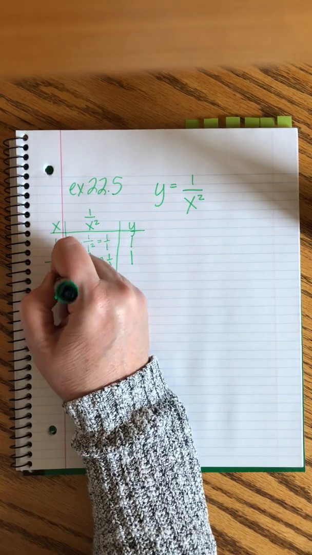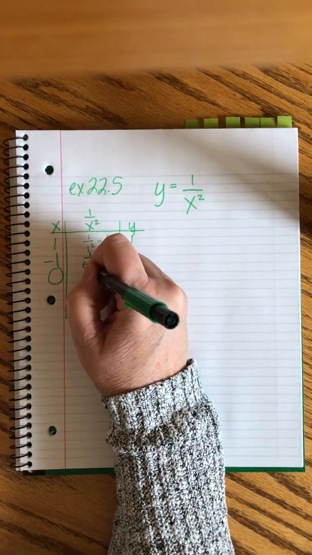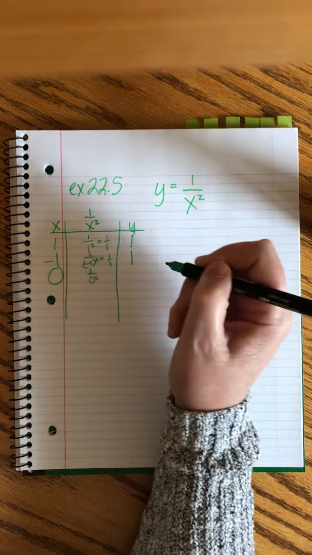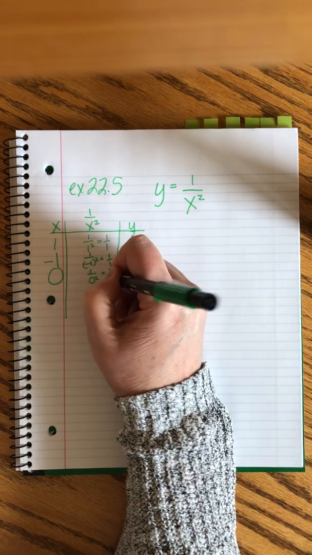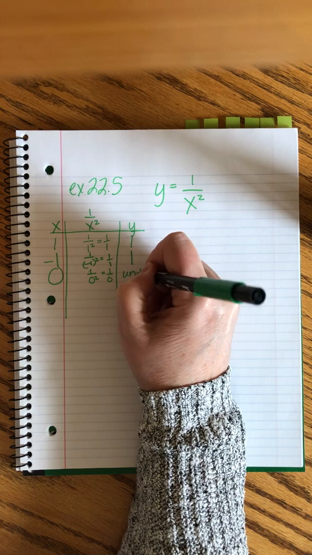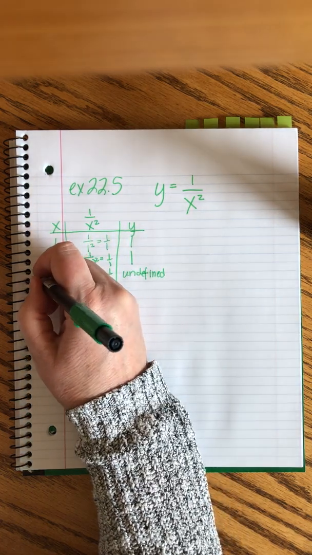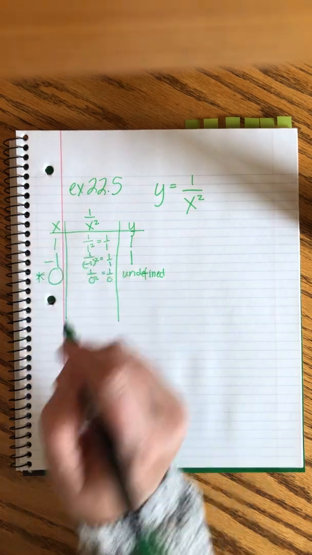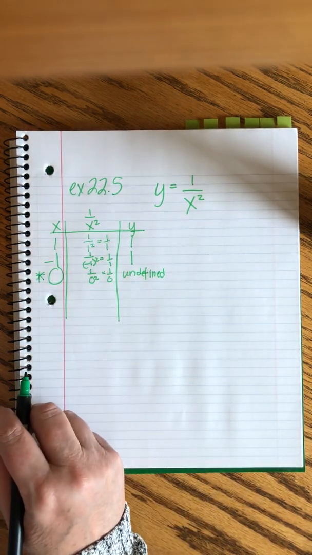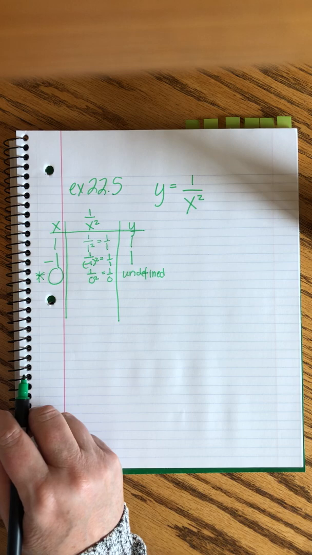Let's try 0. 1 over 0 squared, uh-oh, I just blew up the kingdom. This is undefined. That means our graph cannot touch at 0. That's a trouble spot. All right.